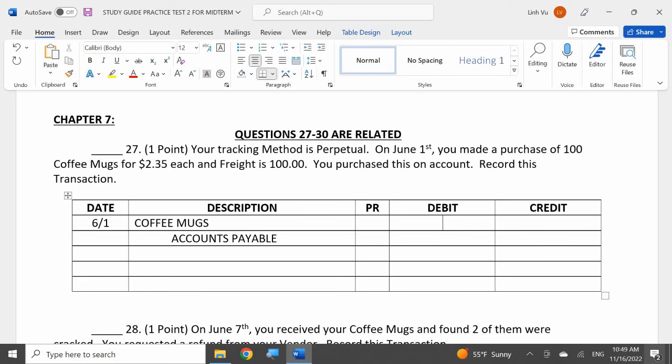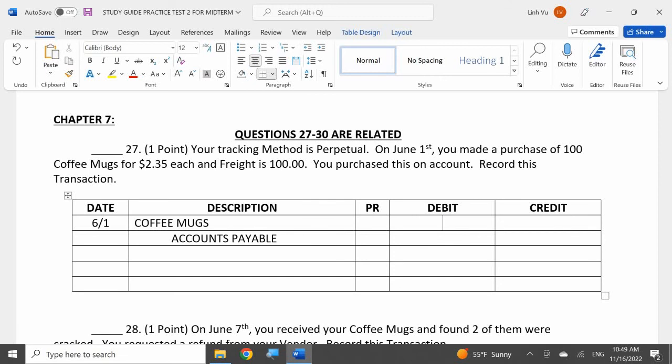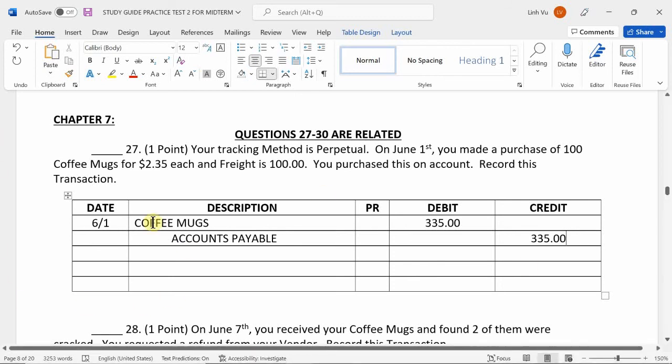Plus you had a freight of $100. So therefore, you're going to journalize $335, because in this case, you're including both the purchase price and the freight, for $335. Okay.